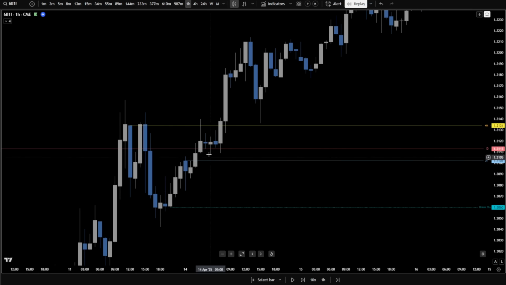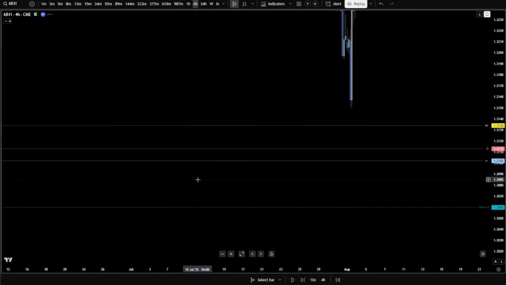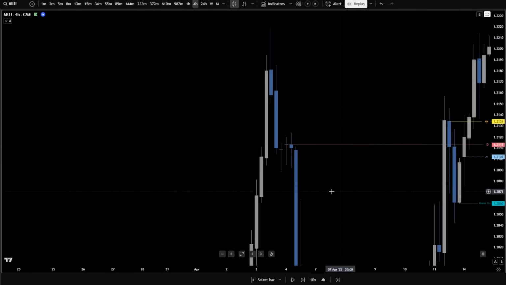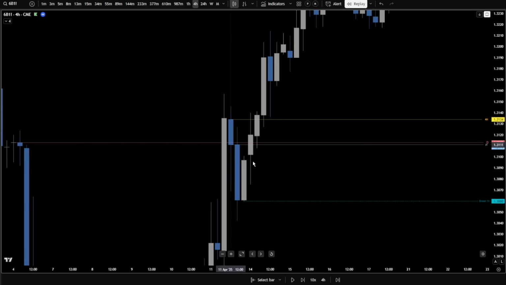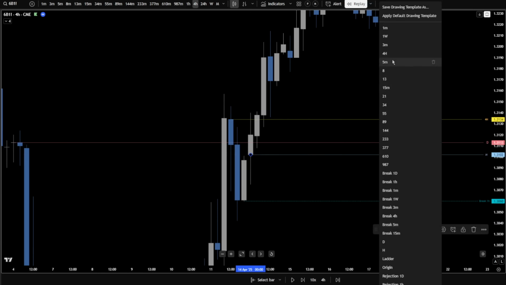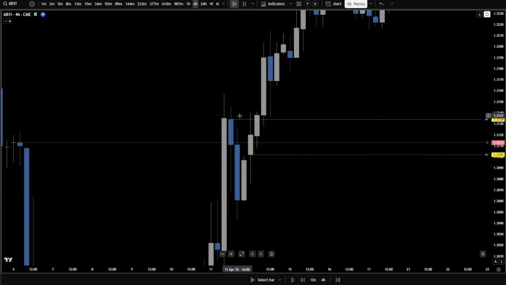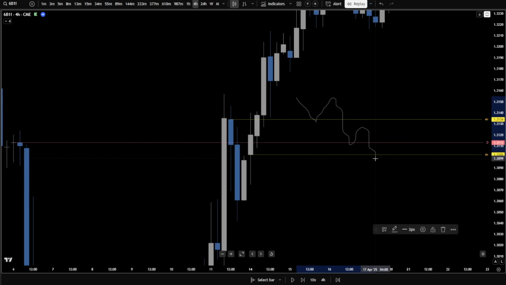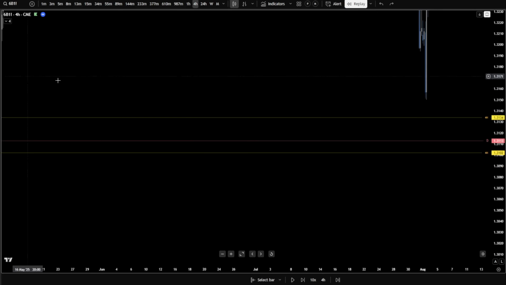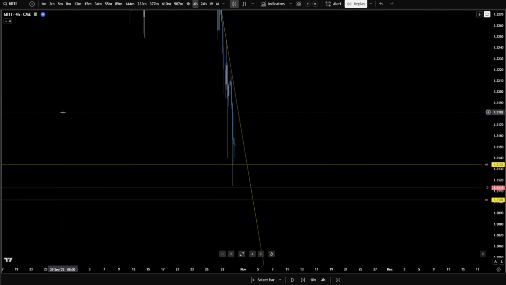And with time, as fractal develops and moves on, this hourly level will be a 4 hour level. That will be the hold level, and this level will be the rejection of a 4 hour level. So it can hit this, it can hit daily, it can hit the 4 hour rejection, and we don't know yet. So we're going to see.